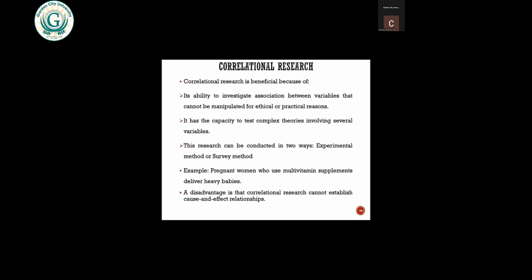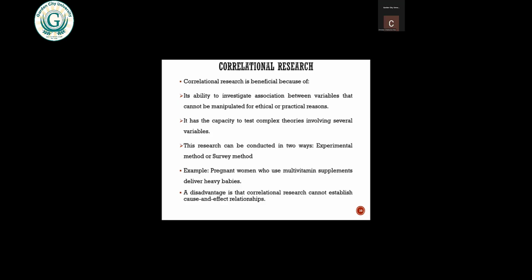Apart from its ability to investigate association between variables you cannot manipulate, it also has the capacity to test complex theories involving several variables. You can have one research looking at over 20, 30 variables and how they are related to themselves.